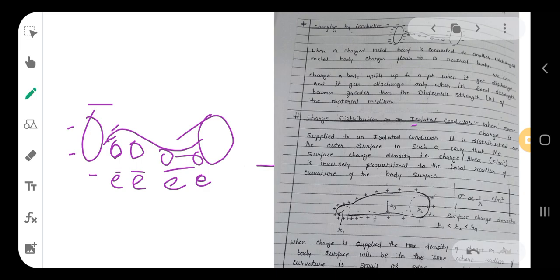So sigma is inversely proportional to the radius. When charge is applied, the density of the charge will be maximum where the radius is smallest on the surface of the conductor.